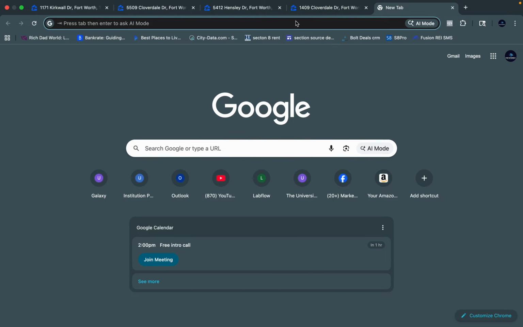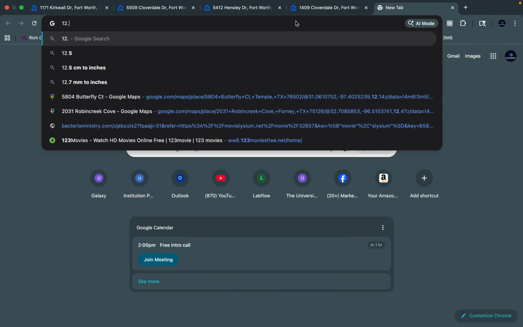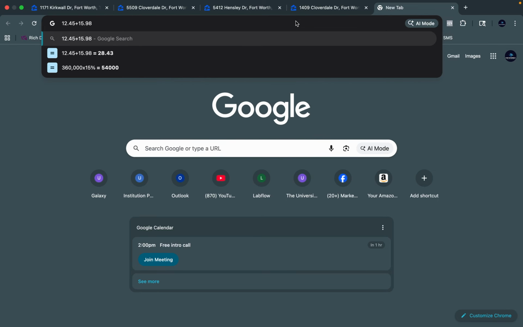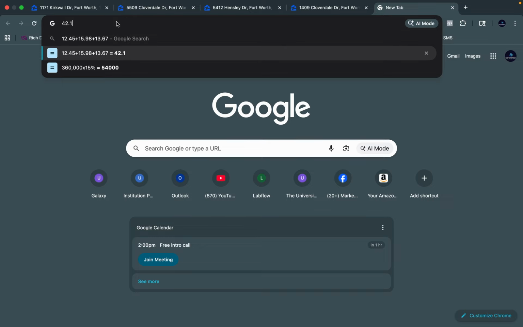So let's say you get three different numbers. You get 12.56. Another one you get is 15.98. Another one you get is 13.67. Once you get all three of these numbers, you'll add them up, and they equal about 42.1.